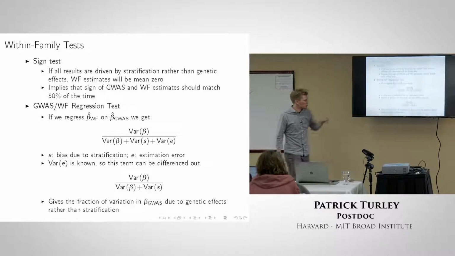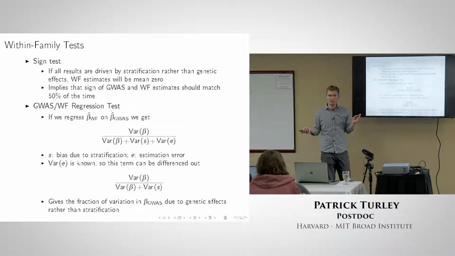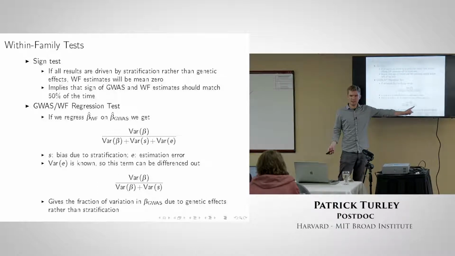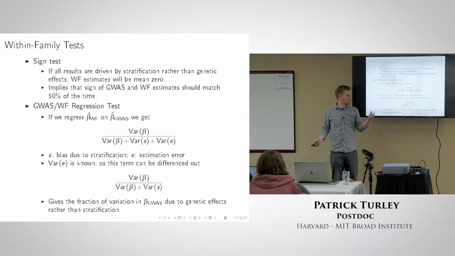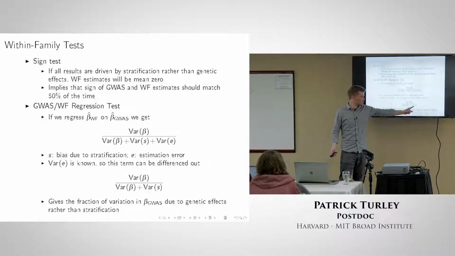Okay, so this is maybe interesting, because imagine that there was no bias due to stratification, and this term is equal to 0. Then this thing should be equal to 1. So it means 100% of the signal is due to true signal. On the other hand, imagine this thing was enormous. So most of the variance was due to this, so this is really big.